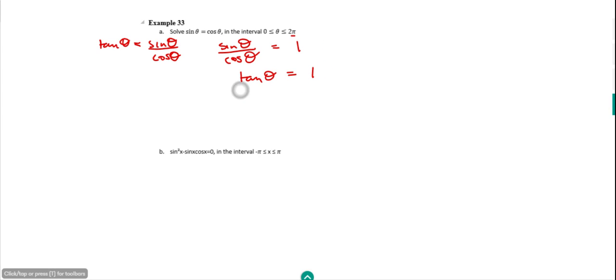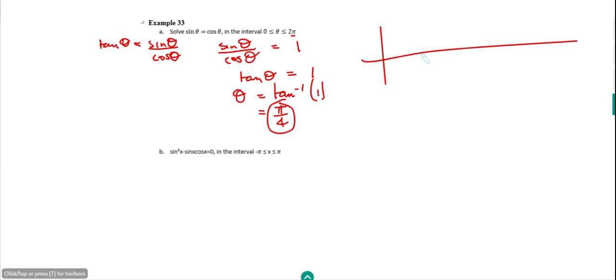So if we use the calculator, again being in radians mode, theta is tan minus 1 of 1, and what we'll get is pi by 4. But again, that's not the only solution in our range, so I'll try and draw this graph quickly. We can see pi by 2, pi, 3 pi by 2, and 2 pi are important values in our graph because the asymptotes are there.